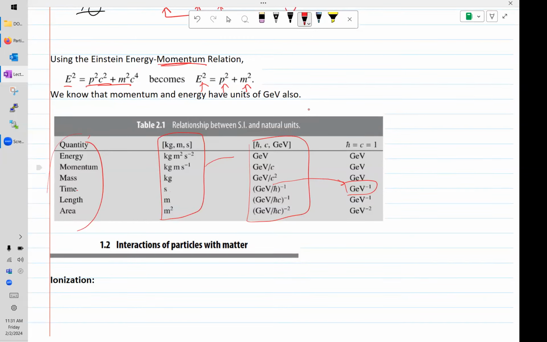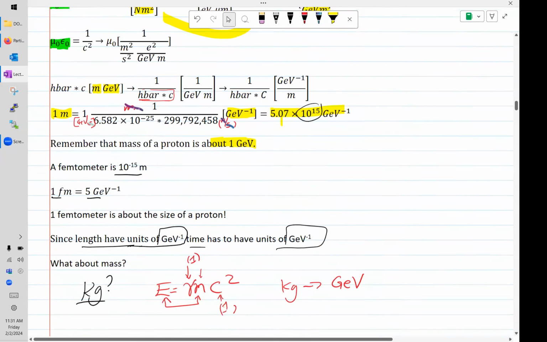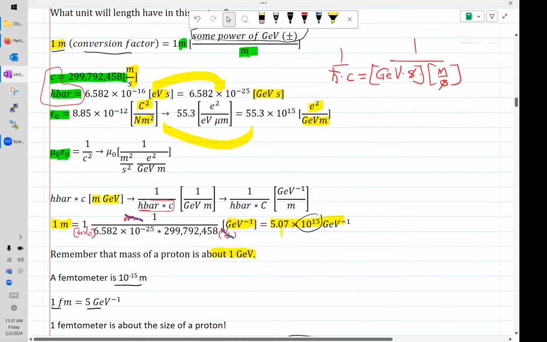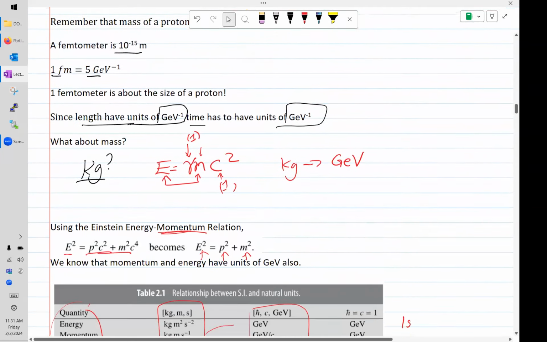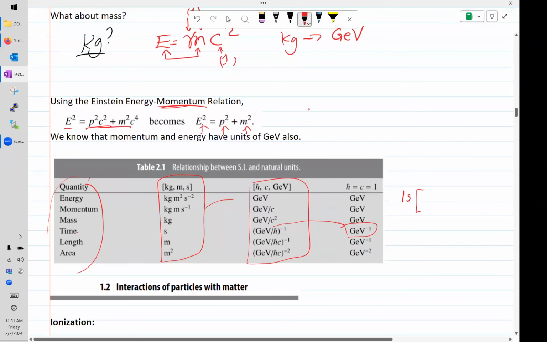So just take the second and divide that by h bar. So 1 second, right? H bar has these units up here. H bar is 6.6 times 10 to the minus 25 GeV seconds, right? So if you multiply this by 6.6 times 10 to the minus 25 GeV inverse second. Okay, so you want to divide it.